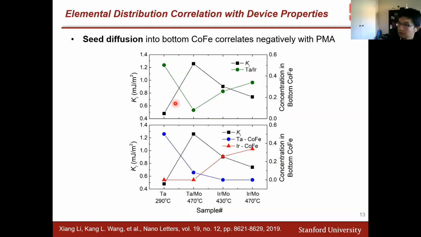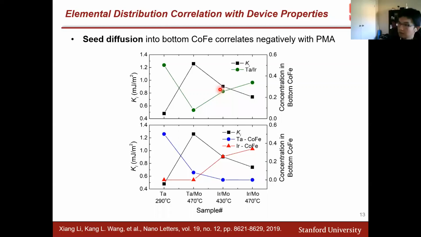These correlations we found are very informative, and I also have to note that we did not find any other correlation with PMA or VCMA. We can also calculate all the other overlaps, but only these correlate well with the electrical properties. That's why I say this is a systematic approach that can really tell you the cause of the change in the device properties.